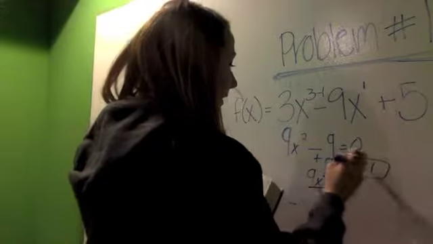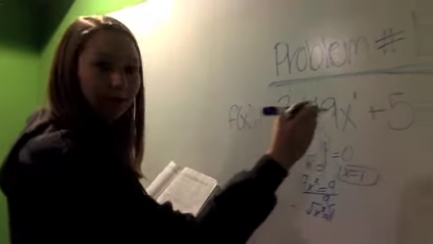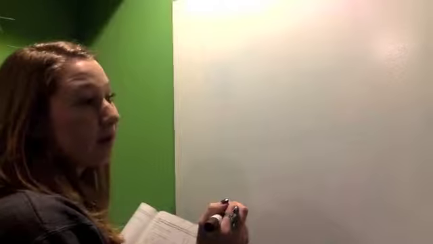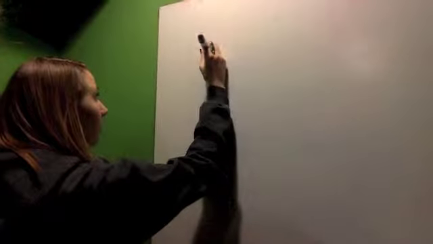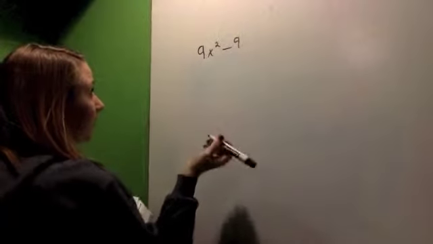But then you have to take the derivative that you already found. So after you find your first critical point, you take the derivative that you already found, 9x squared minus 9, and you find the derivative of that.